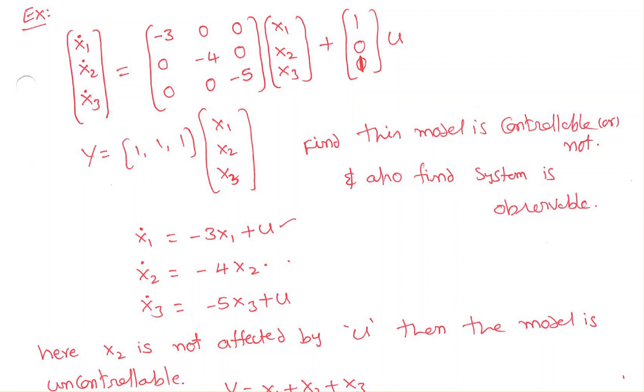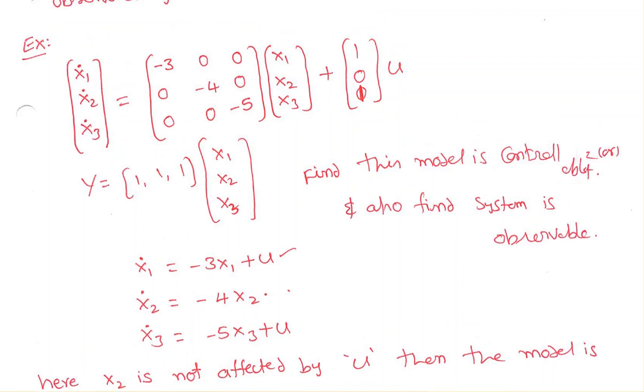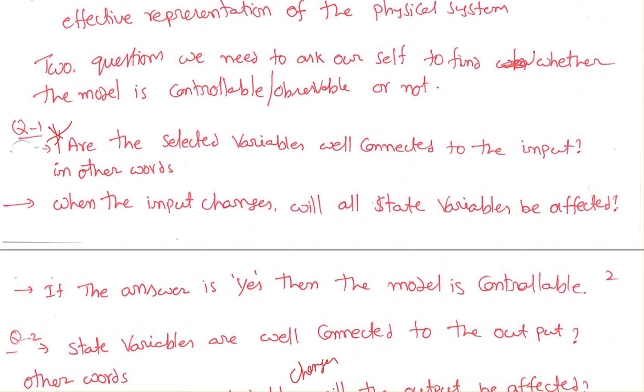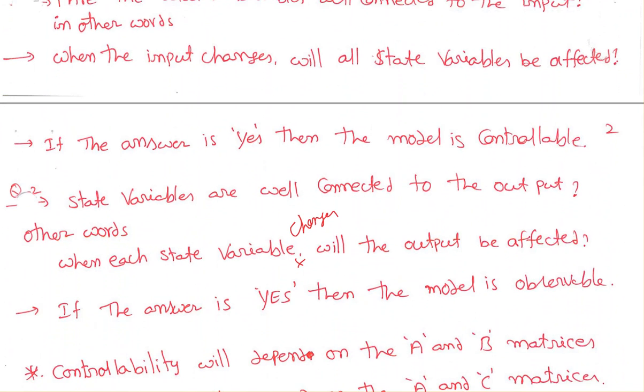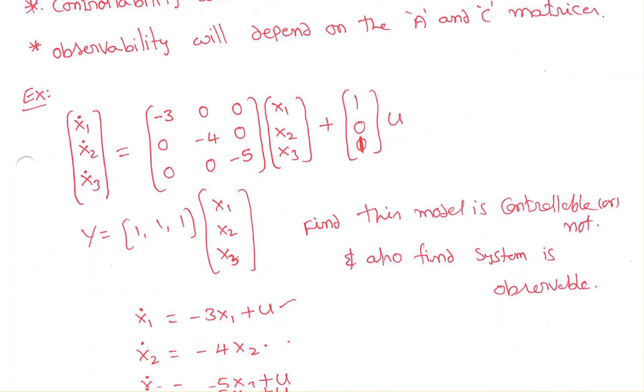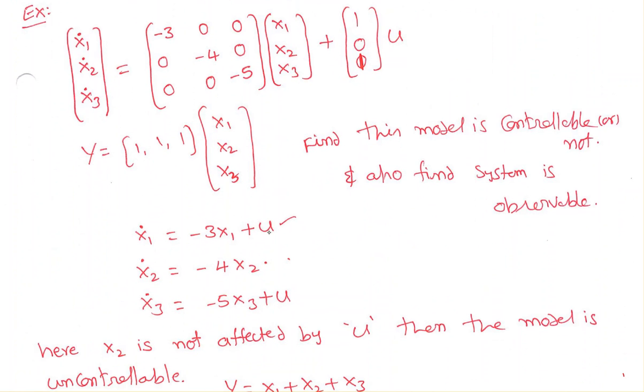Here if you look at x1 dot, this variable depends upon the input. The controllability definition is, when the input changes, will all state variables be affected? Here I can clearly see that if my u changes, x1 is going to be affected.